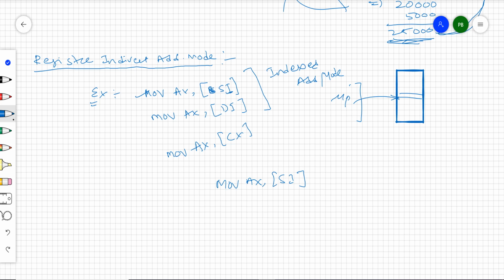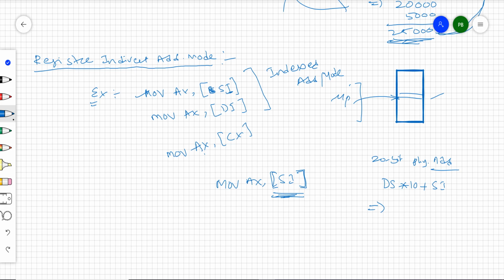Here, this is the source, and the bracket means it is an external memory location. So the processor needs to address one external memory location for the source data. It is calculated as the 20-bit physical address: DS into 10 plus SI.